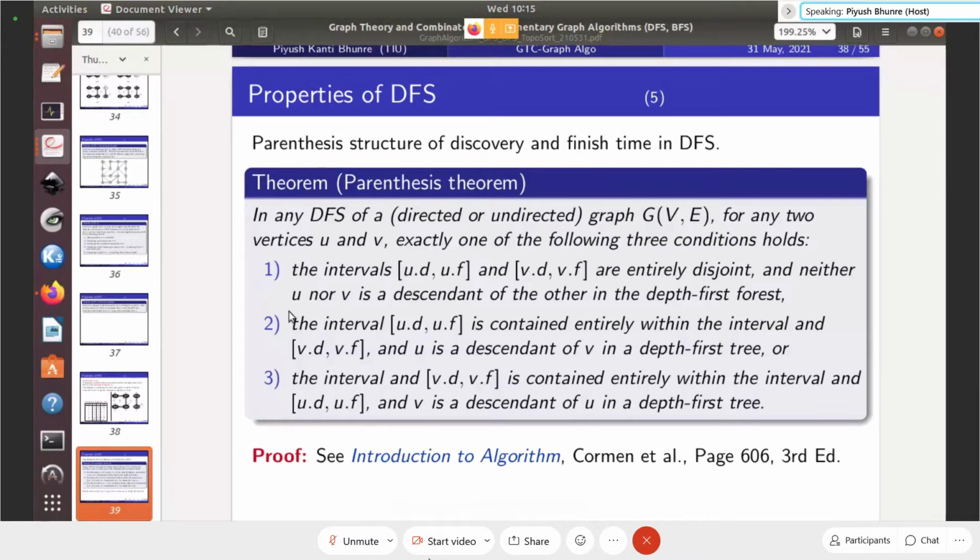So basically cases 2 and 3 are the same statement, but with respect to u and v it looks different. If we just interchange the roles of u and v, the condition in 2 is the same as the condition in 3. So when the interval for v is contained totally in the interval of u, then v is the descendant, that means v is discovered later.